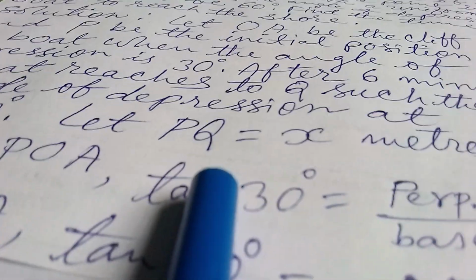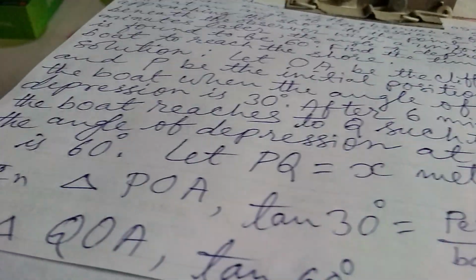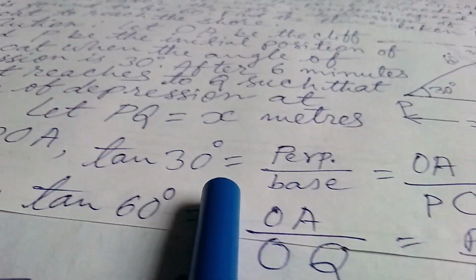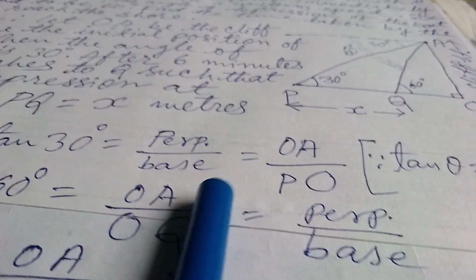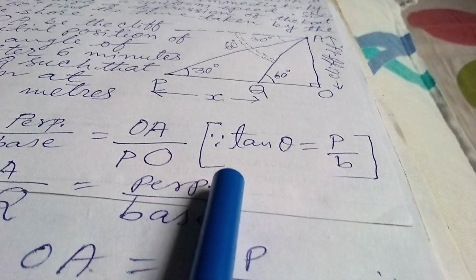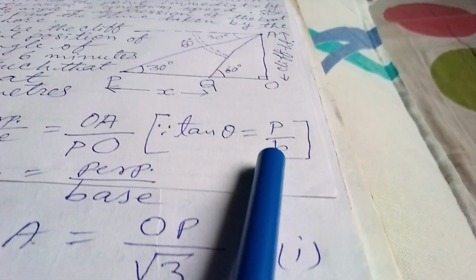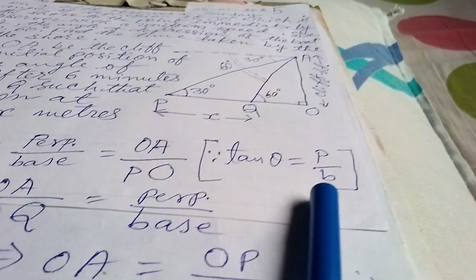So let PQ equal x meters, and now in triangle POA, tan 30 degrees equals perpendicular by base, equals OA by PO, since tan theta is equal to perpendicular by base.